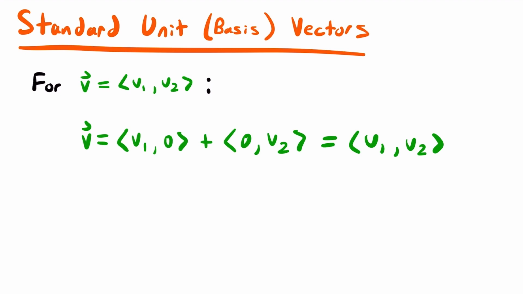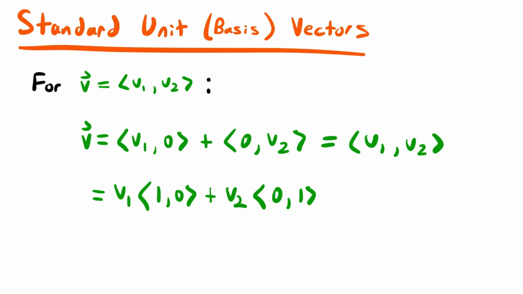All right, this is still the same vector we had before. But now watch what happens if we were to pull out a scalar multiple from each of these vectors. In particular, we're going to pull out v1 from this vector and v2 from this vector. And here's what that looks like. This will be equal to v1 times a vector 1, 0 plus v2 times the vector 0, 1, right?